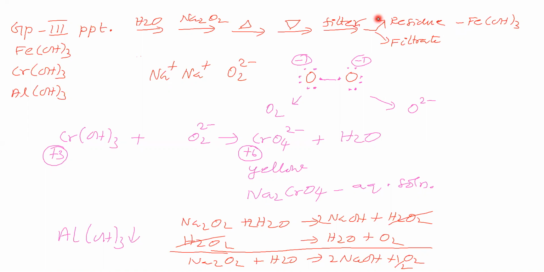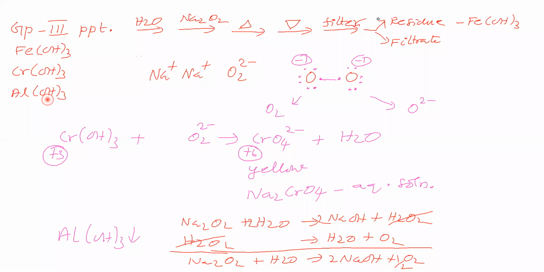Cr(OH)3 is converting into sodium chromate, a yellow colored solution, which goes to the filtrate. So if Cr(OH)3 is there in group 3, that will go to the filtrate as sodium chromate.